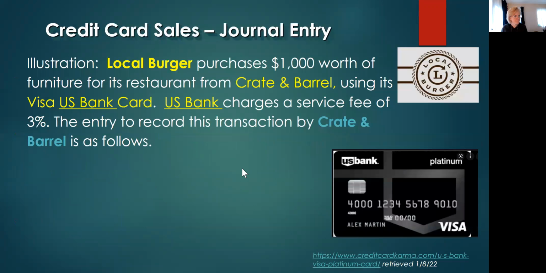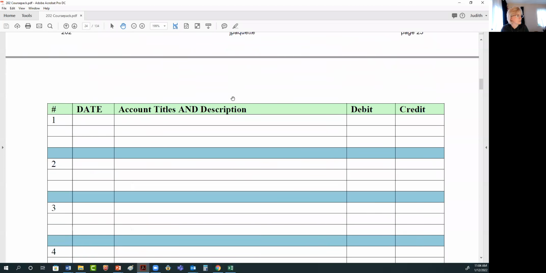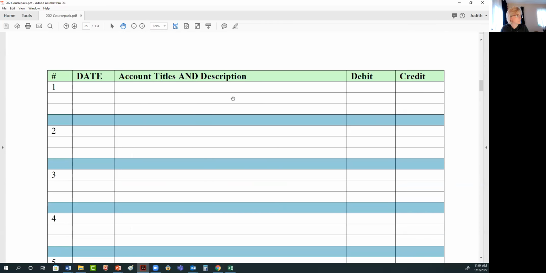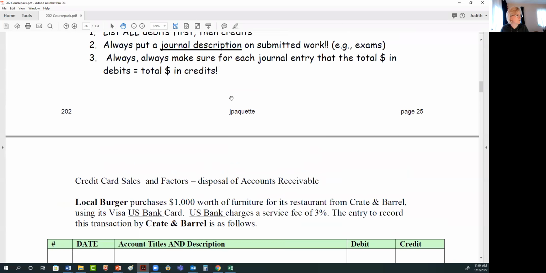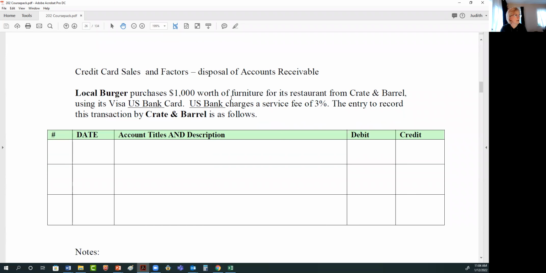Okay, so let's turn in your course packs to page what? Let's go. We have a lot of blank journal entry forms there. I had this idea that you would be using them in class, but we're using them here. You can use them for your own use later when you do homework, practice your homework.